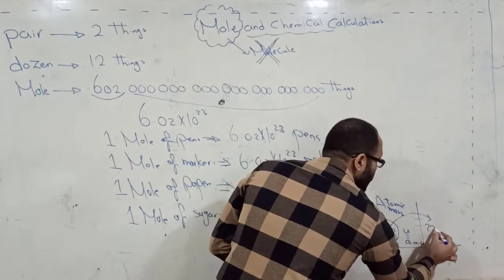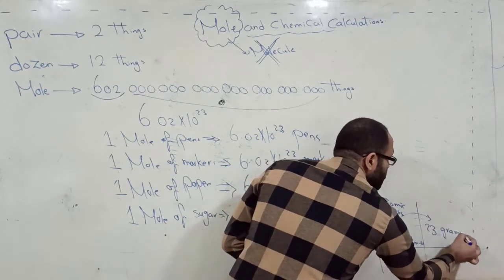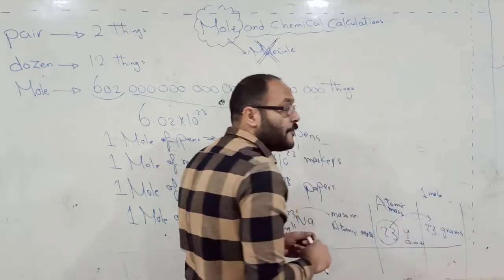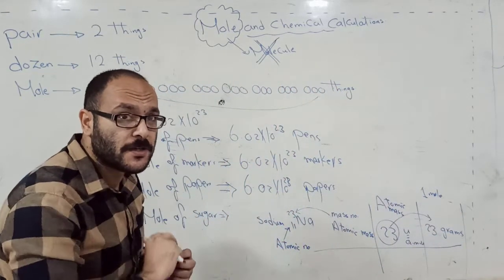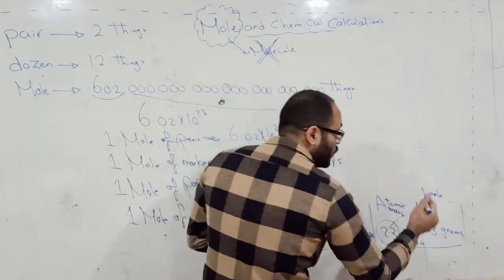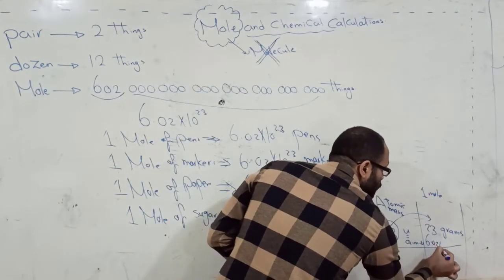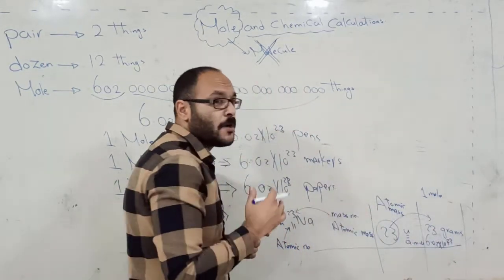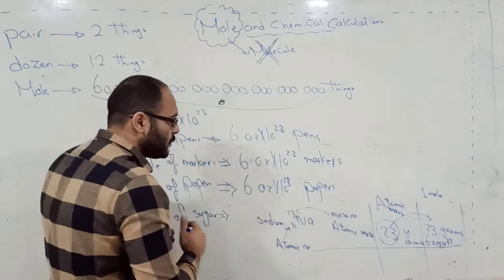So it will be 23 grams. So now you have 1 mole. And if you count the number of particles or molecules in 23 grams, they will be 6.02 times 10 to the power 23.